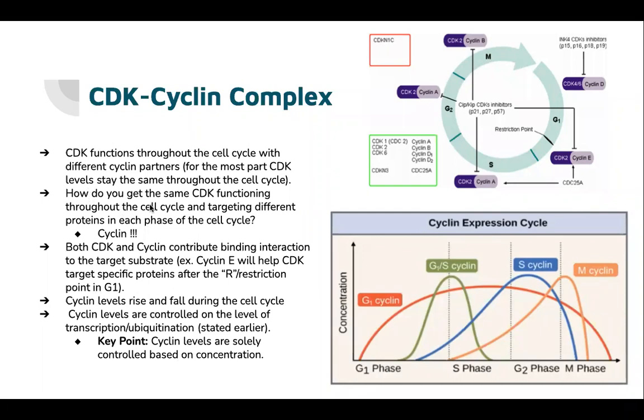The next point is the same thing, cyclin provides specificity. That's how the same CDKs target different proteins in each phase of the cell cycle. Both CDK and cyclin contribute to binding interaction with the target substrate.